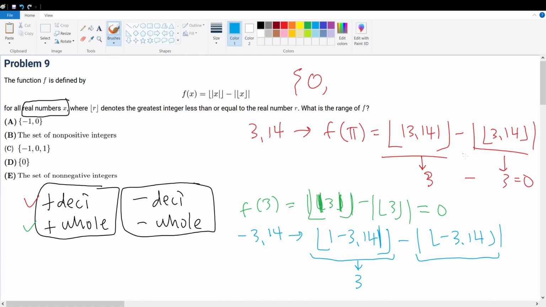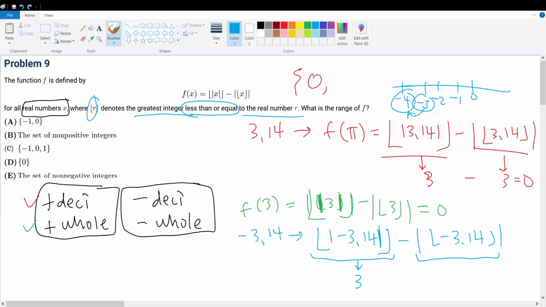Well, we have to understand that for negative numbers, like negative 1, negative 2, negative 3, negative 4, the floor is defined by the greatest integer less than or equal to the real number r. So if we have negative 3.14 and we want to take the floor of that, we have to find the greatest integer less than or equal to it.